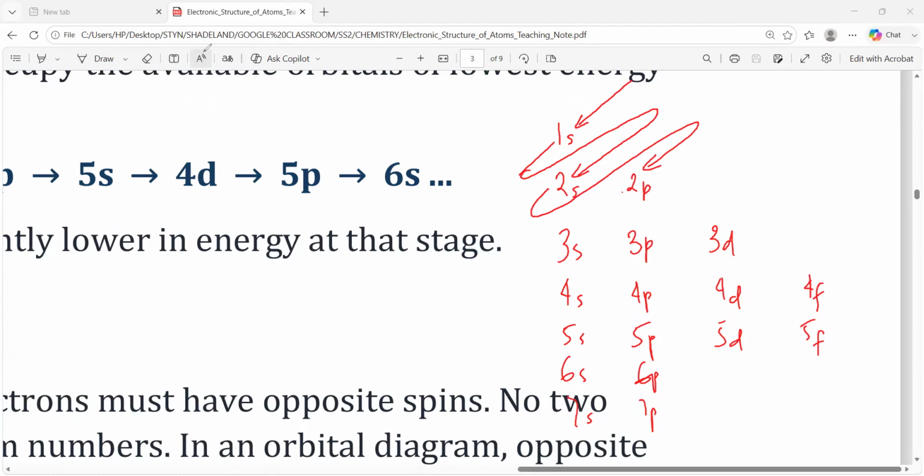After 2p, the arrow continues to 3s. After 3s, it curves right back, and does what? It hits 3p. After 3p, 4s. After 4s, it will curve right back all the way diagonally.